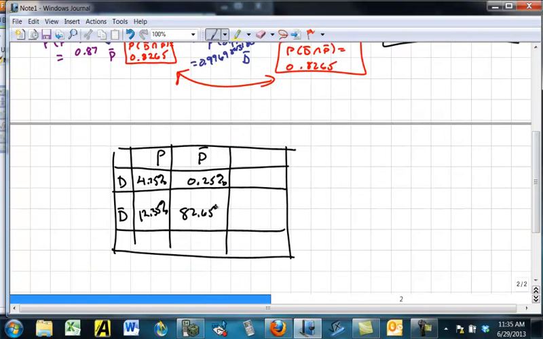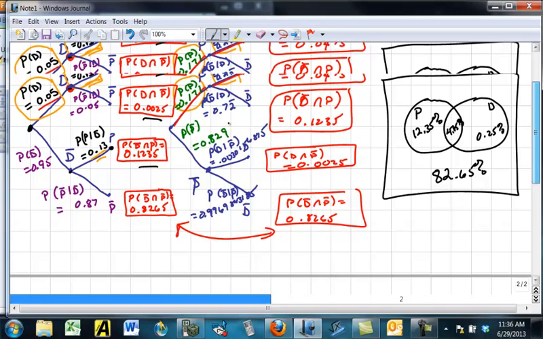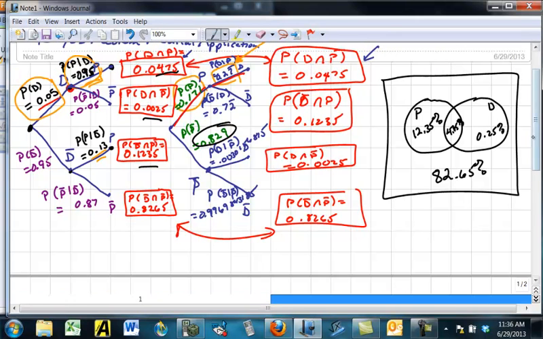Of course, if you add these two together, you're going to get the probability. So here are totals. If you add those together, 82.9, that showed up right here in that tree.